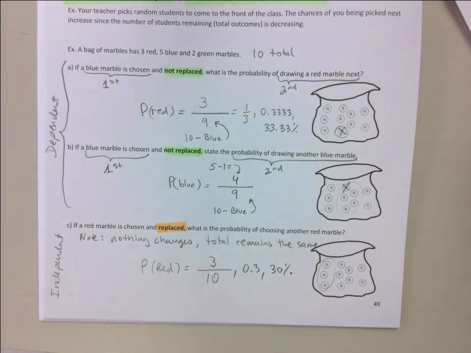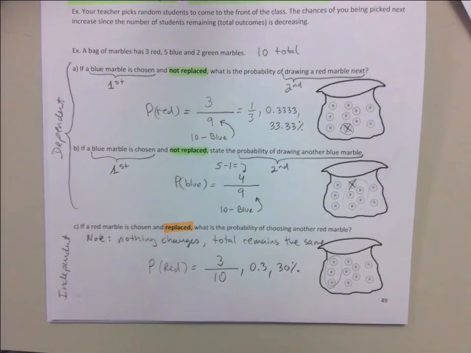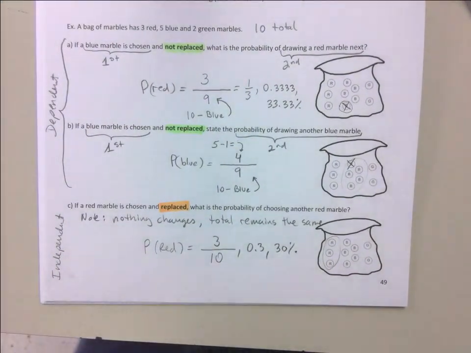And just think about it. If something affects the other, then you are depending on the other, dependent events. If two events are completely not related, like it's not going to affect each other in any way, you're talking independent events. Okay?